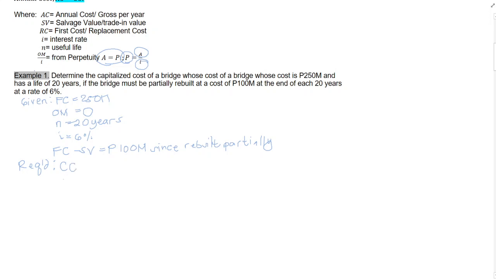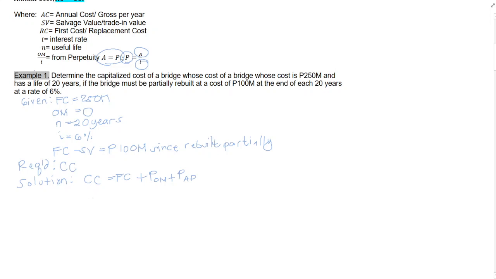So for the formula of CC, our solution: CC is equal to first cost plus the present worth of your operating and maintenance cost plus the present worth of your annual depreciation.